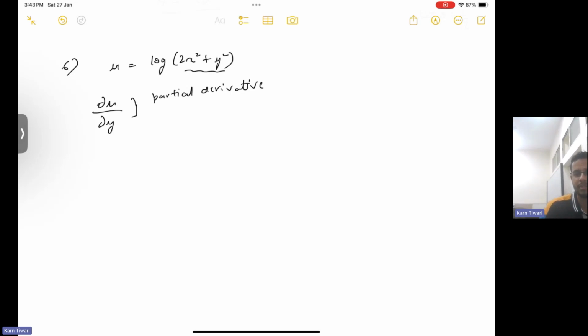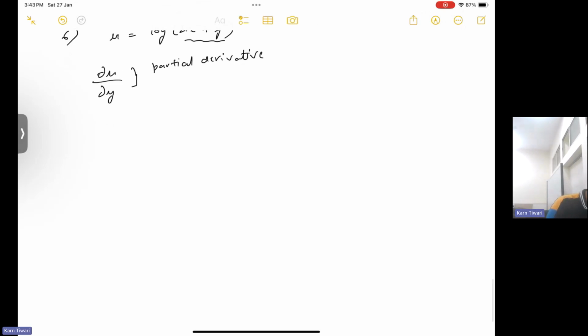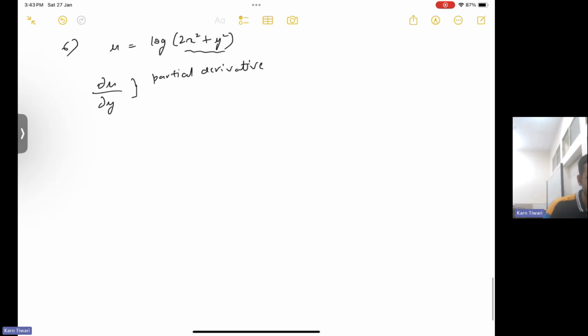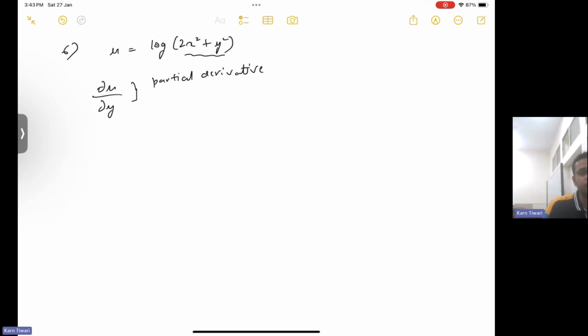You just need to assume the second variable as a constant and carry out the same differentiation you did. So in this question, for calculating dou u by dou y, you just need to keep x constant.